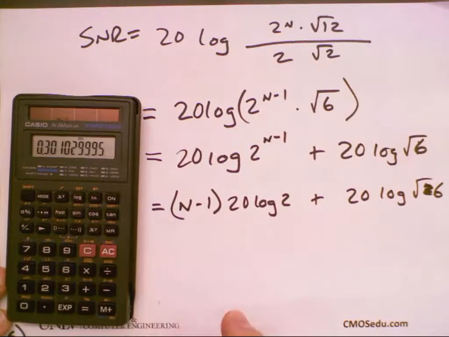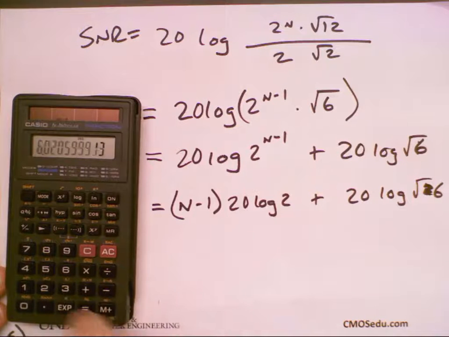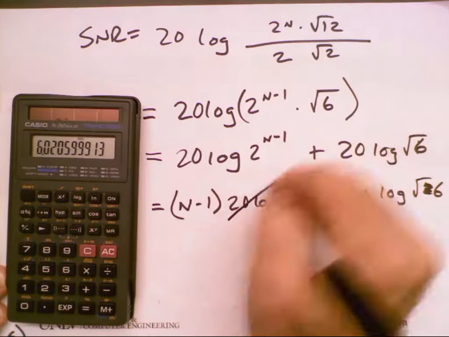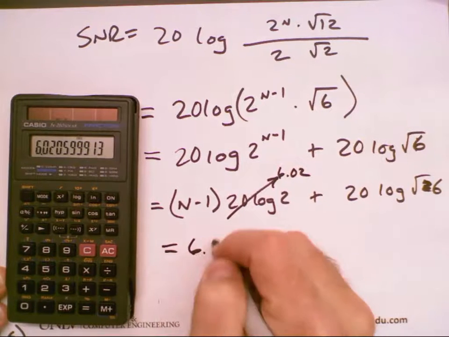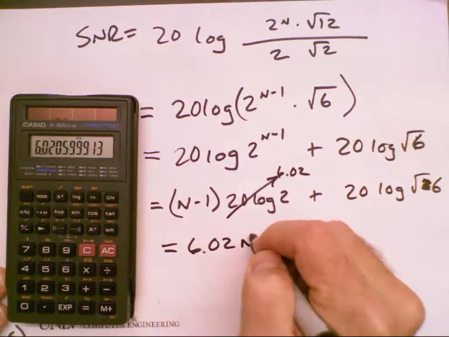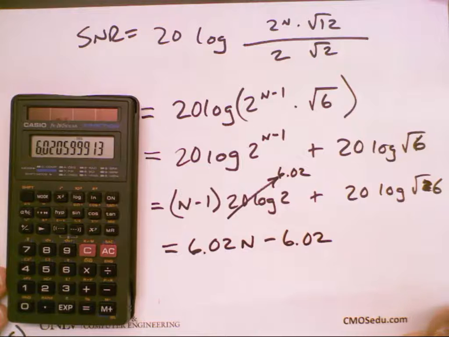All right, so that's 0.3 times 20, and so that's 6.02. So I'll write that as 6.02 n minus 6.02. Anybody disagree?